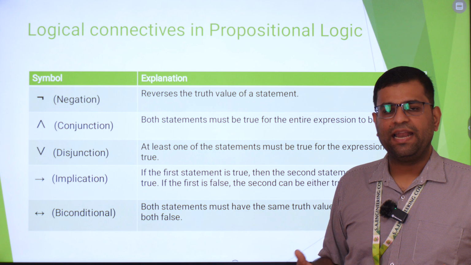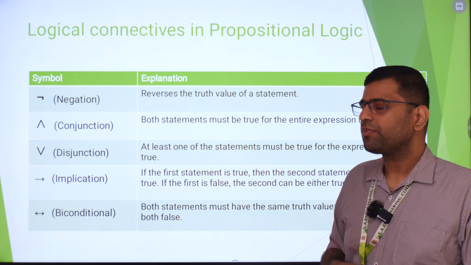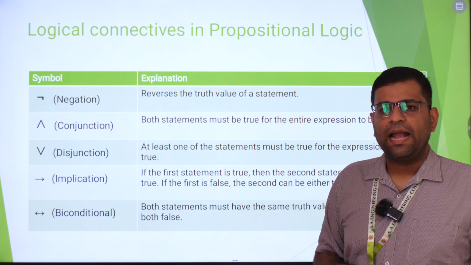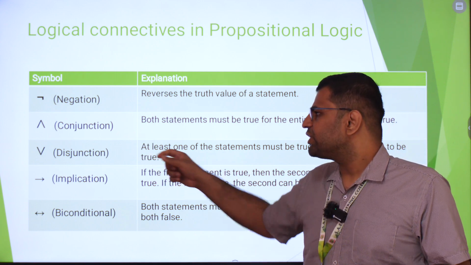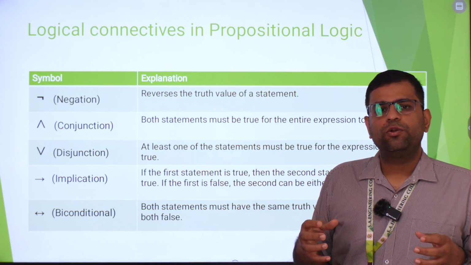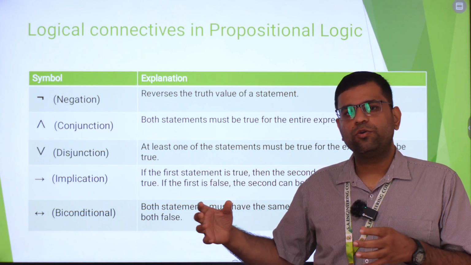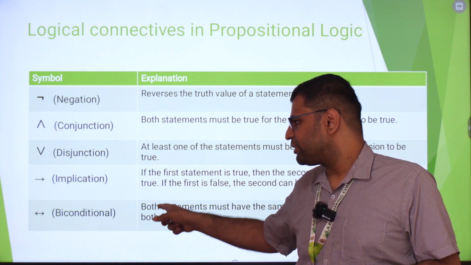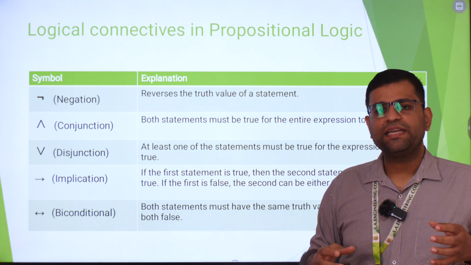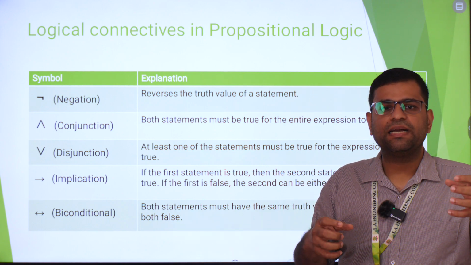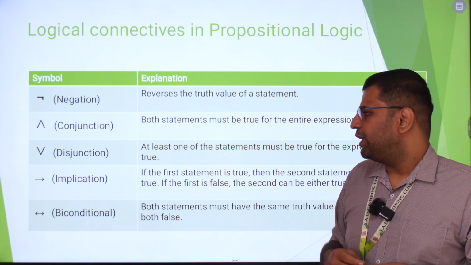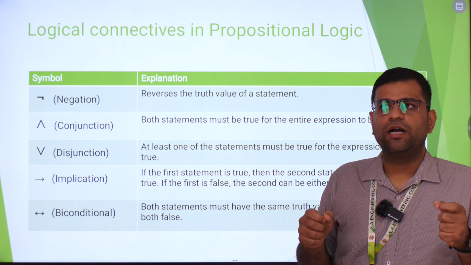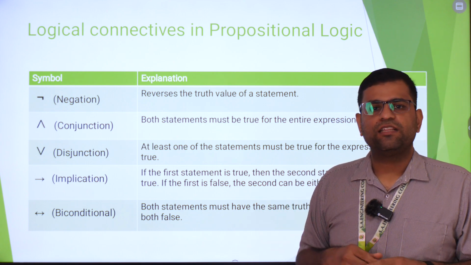Conjunction is basically an AND operation between two propositions. It gives true if both the propositions are true. Then disjunction: disjunction helps us evaluate the expression to true if at least one of the propositions is true. Then comes the relations part. Implication and biconditional form a relationship between two propositions. Implication means that if one proposition is true, then it evaluates the other proposition.